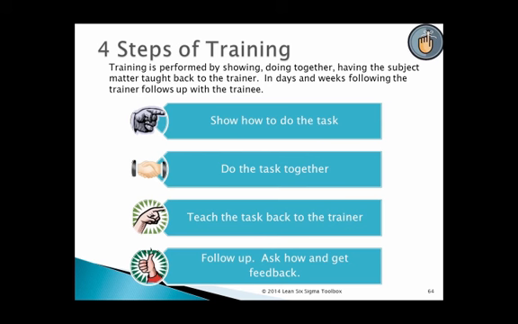I mean, show them, do it together, have them teach it back. Having people teach stuff back, it's kind of uncomfortable and awkward if you're not used to doing it. I used to do this in my leadership standard work, my Gemba walks. We used to do a training of the month. So once a month, we train them on a lean tool or a lean principle. Then I walk around the building and stop and talk to people and say, hey, did you get the training of the month last month?